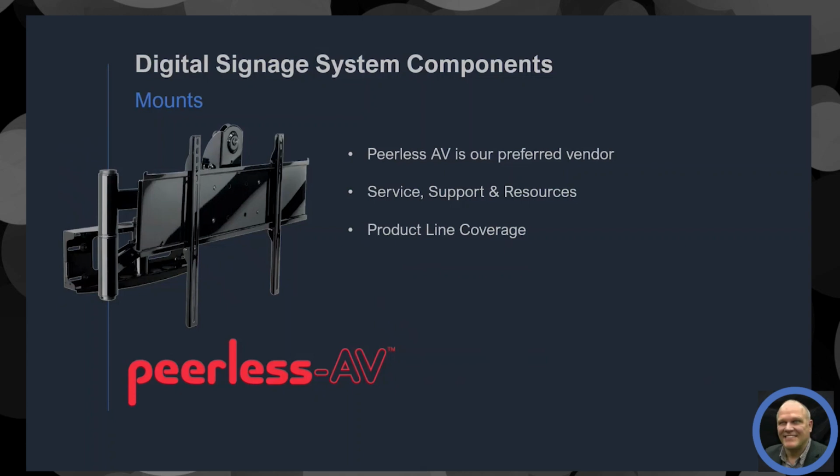The width of their product line is quite impressive, and we have a lot of success working with them. They have stable pricing and a lifetime warranty. So Peerless is our preferred vendor, and we've had great success working with them.